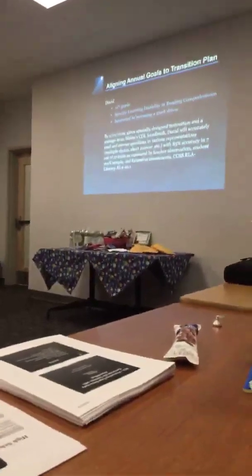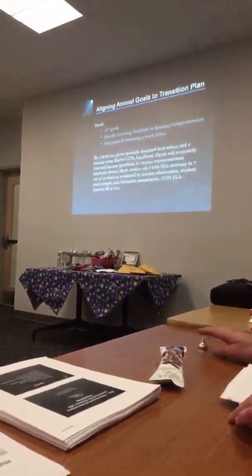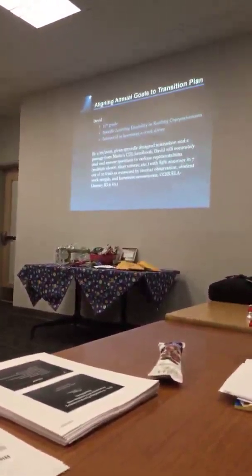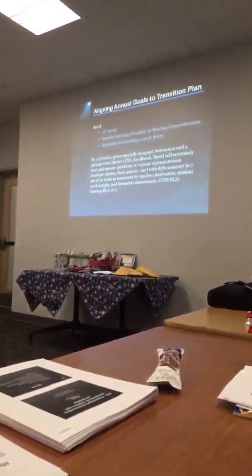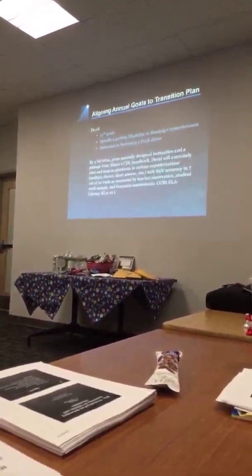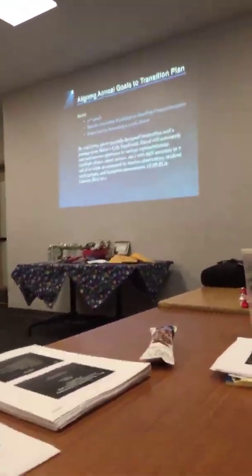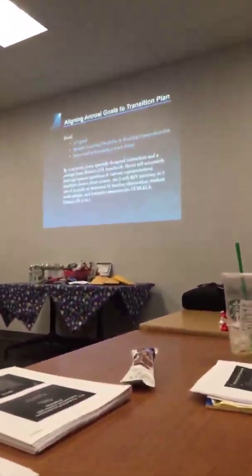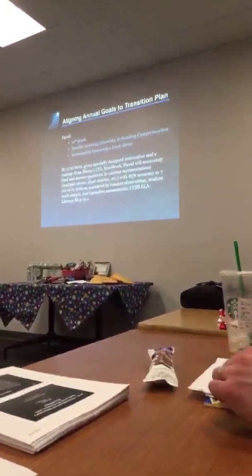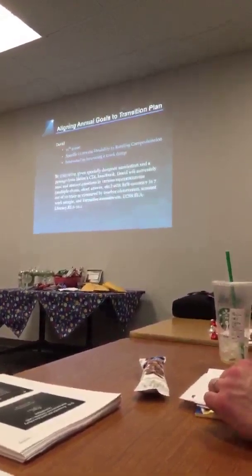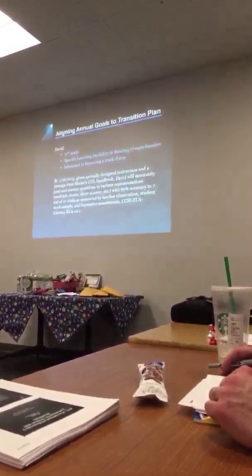So what part 1 does, the part 1 training I'm referring to, is it encourages IEP teams to look at goals that are already existing in the IEP and to see if there's alignment to the post-secondary goals. If there's a reading comprehension goal in the IEP, if the child needs to gain mastery or proficiency of their reading comprehension skills that will enable them to access the education and training goal in their transition plan, there is minimum alignment between that.